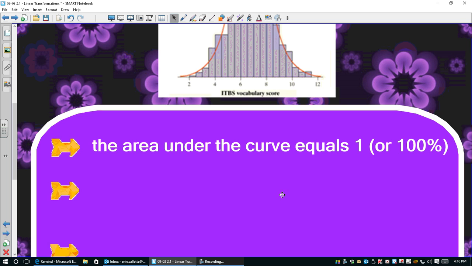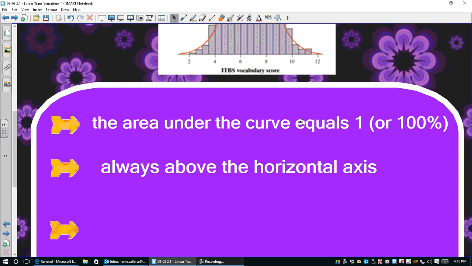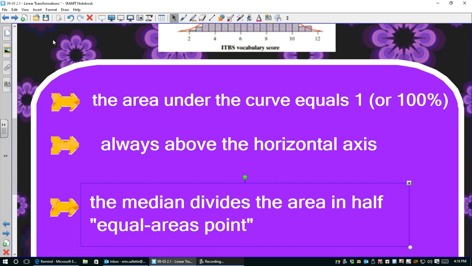Area is exactly 1. It's always above the horizontal axis. And the median divides the area underneath the curve in half. It's called an equal areas point. So half of the area will be to the left of the median and half of the area will be to the right.